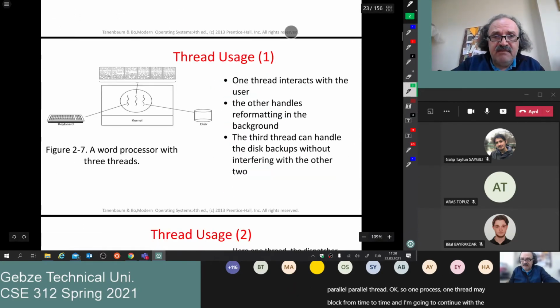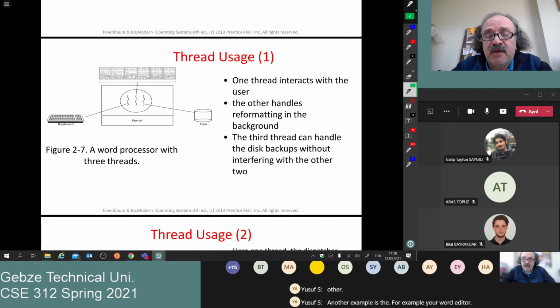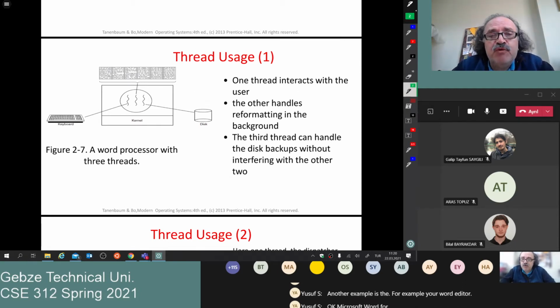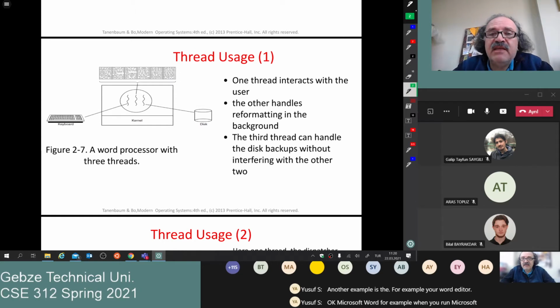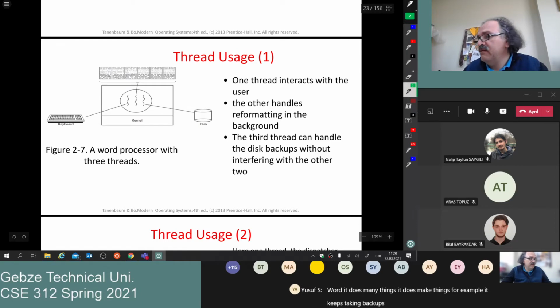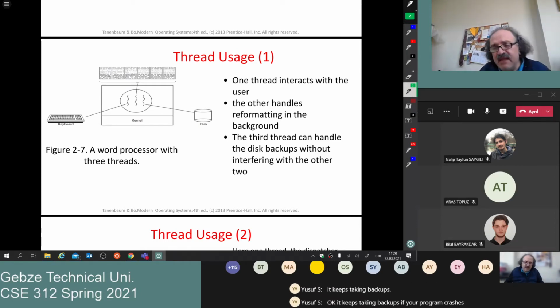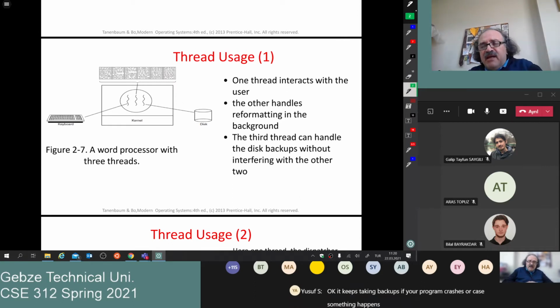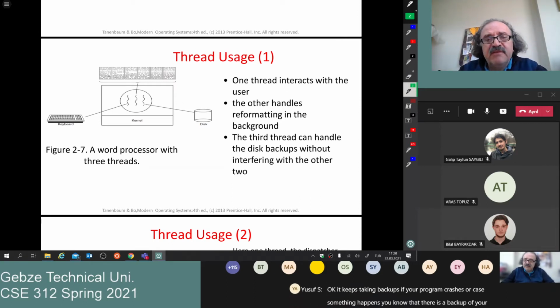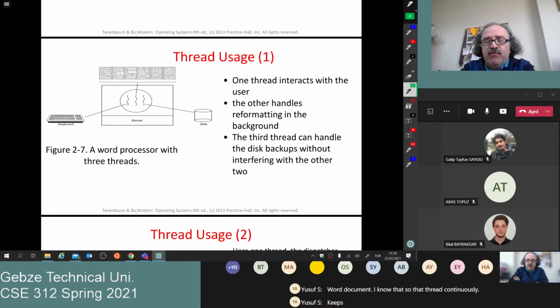Another example is your Word editor. When you run Microsoft Word, it does many things. For example, it keeps taking backups. If your program crashes, or if something happens, you know that there is a backup of your Word document. So a thread continuously keeps taking backup of your data.